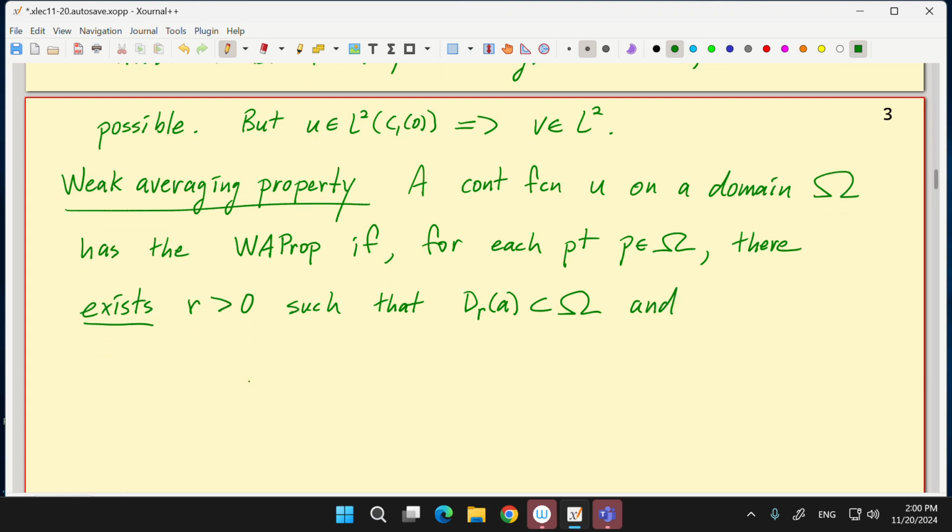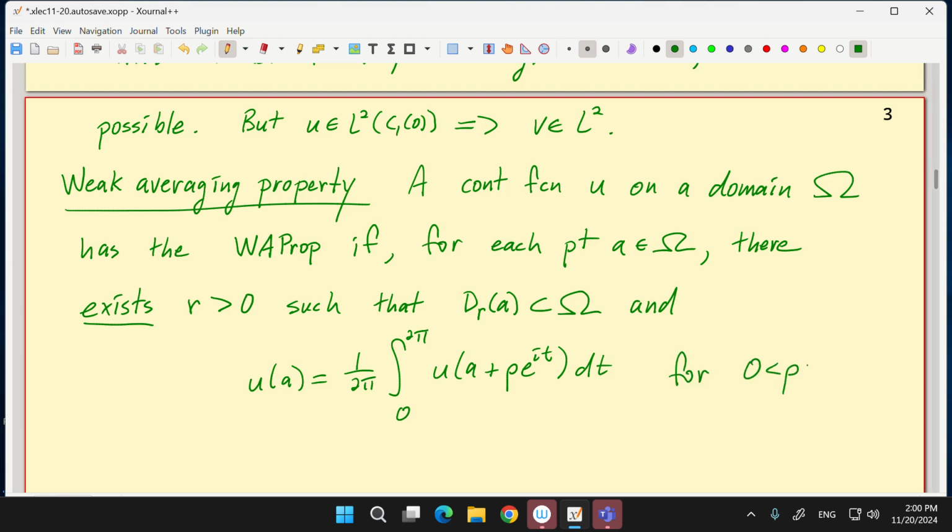So we would have u of a, for each point a in omega, such that u of a is its average on circles, at least ones small enough to be radius less than r. So u of a equals the average of u of a plus rho e to the it, dt, for 0 less than rho less than r.